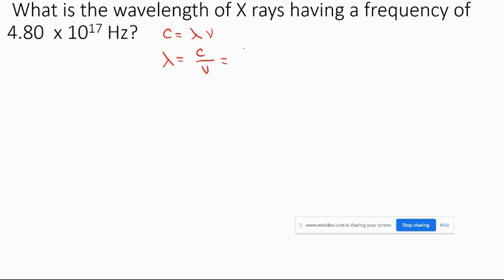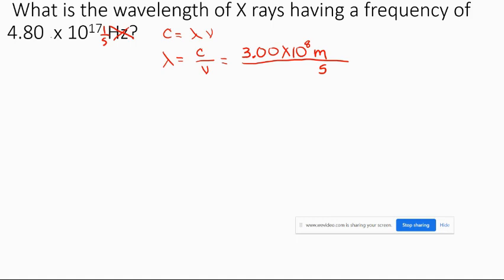So I'm going to sub in what I know. That is my constant for the speed of light. Remember that hertz is 1 over seconds. We've talked about that.